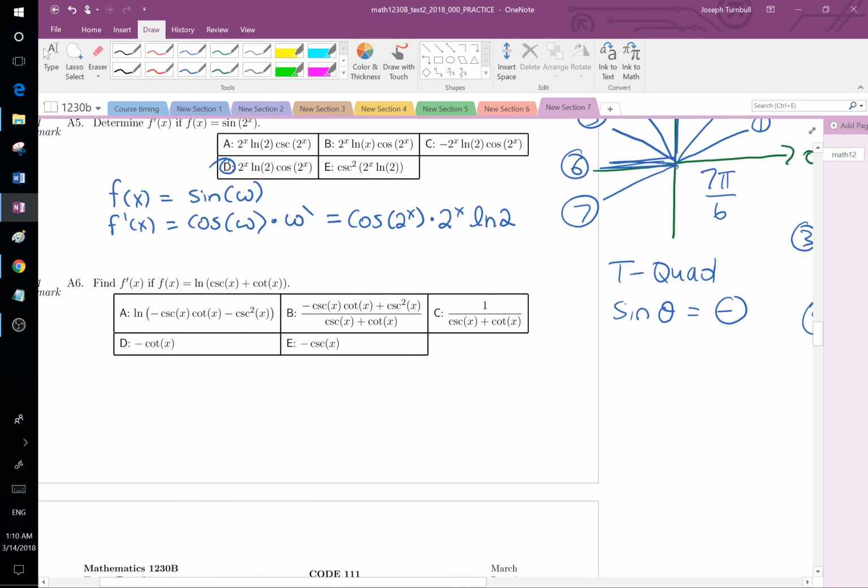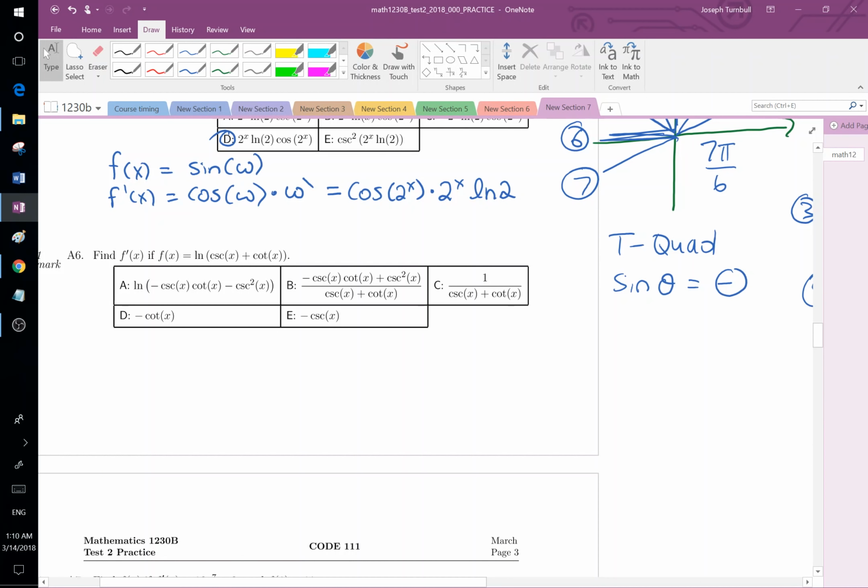Okay, next one. Number 6. We're asked again for a derivative of a trig function. This time it's the log of a trig function. f of x is the ln of w. When we take the derivative of the ln of w, it's w prime over w. And this is going to get ugly. The bottom, w, is just the function that's inside.